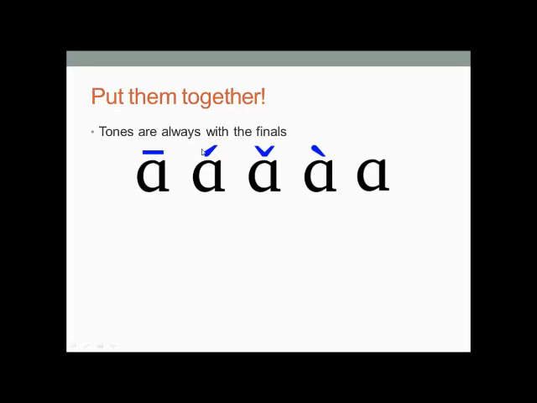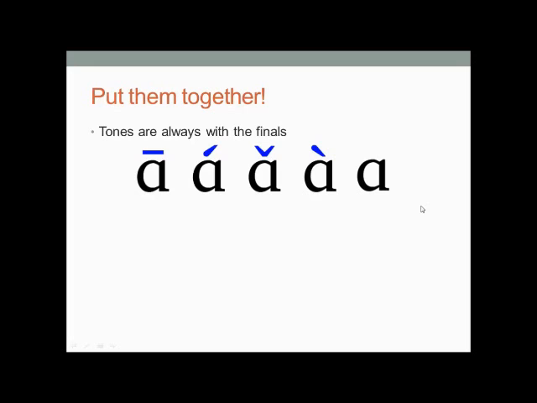The tone is rising, so it's from bottom to the tip. And tone 3 looks like a V, it goes down and then up. Tone 4 looks like a backslash from tip to the bottom, and it's a falling tone. Now you don't really have to write anything on tone 5, just leave it blank, that means unstressed.